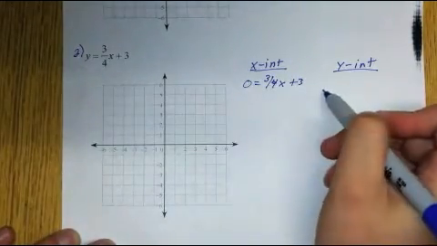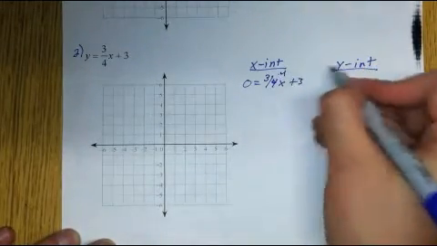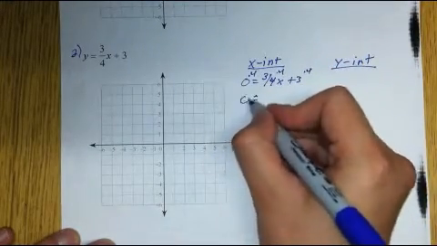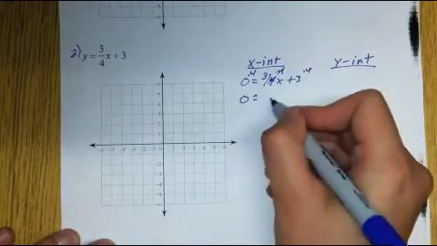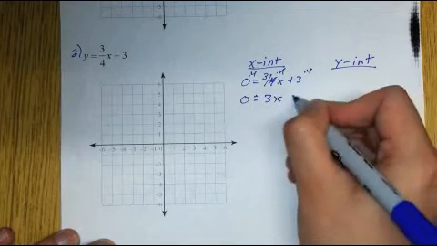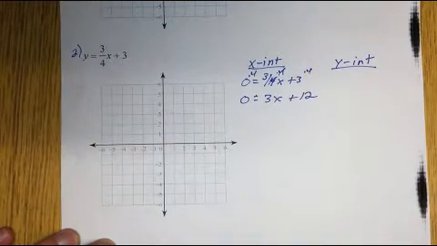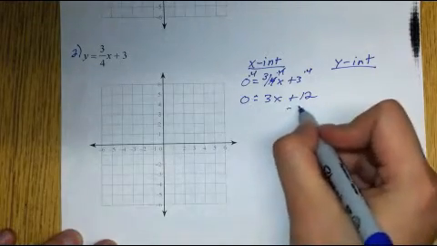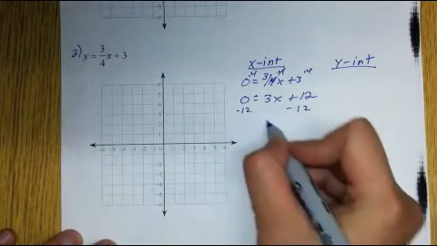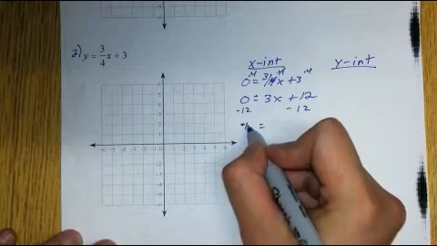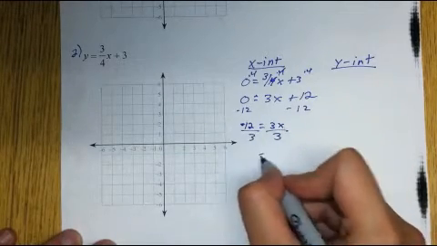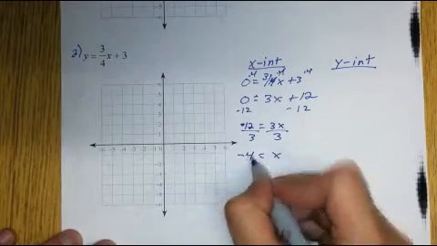What do I have to multiply every term by? 4. To everything. 0 times 4 is 0. Now you wipe out your fraction, and that will give you 12. Okay. Let's go ahead and subtract 12 from both sides. Divide by 3. X equals -4.